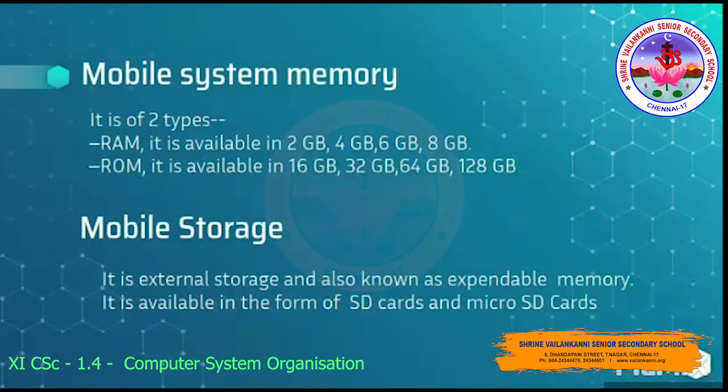Mobile system memory. Like the other counterparts, the mobile system also needs memory to work. A mobile system's memory is comprised of 2 types, RAM and the ROM. RAM is the volatile memory and it works as the memory of your mobile system. The installed mobile apps when run are first loaded in the RAM and then executed.